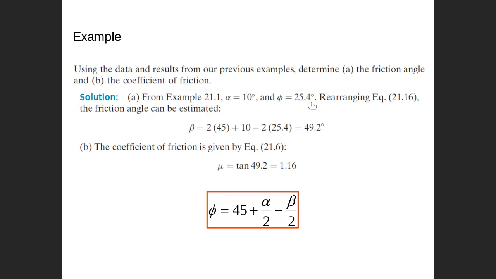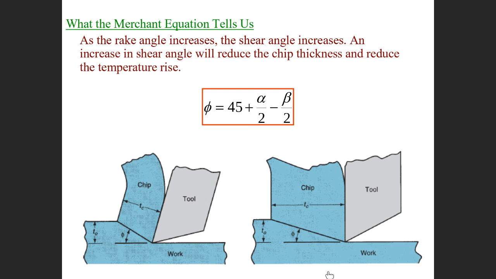As long as you know α and φ, you apply the equation and you can get β, the friction angle. Then the coefficient of friction equals tan β, equal to this value. So if you know α and φ, you can obtain β. Using this equation is valid because in cutting we reach maximum shear stress.